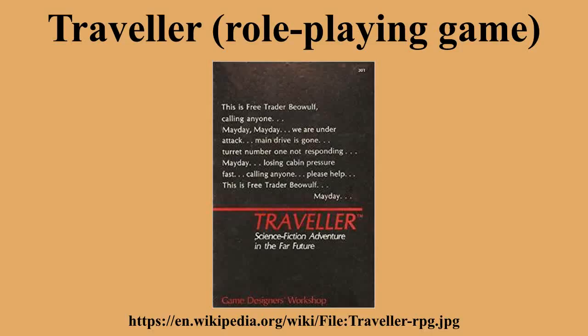Game description. Characters. Traveller introduced the life path-style character generation system to role-playing games. Traveller characters get their skills and experience in a mini-game, where the player makes career choices that determine the character's life up to the point right before adventuring begins.